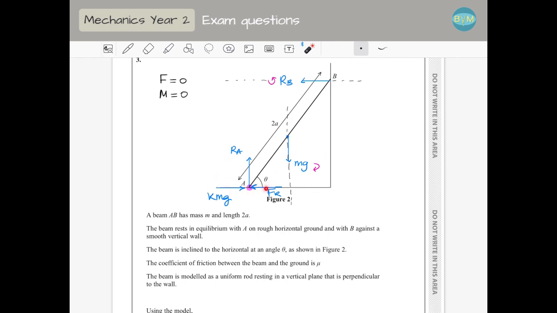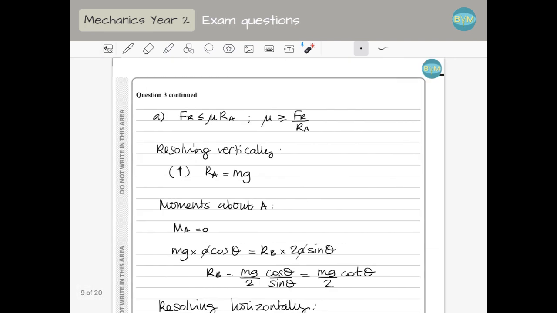If we resolve horizontally, we have this force in terms of friction and this normal reaction. I can find easily the friction because I have mu and I have the normal reaction. This hasn't changed, yeah? What I need to find is RB. So let me show you.